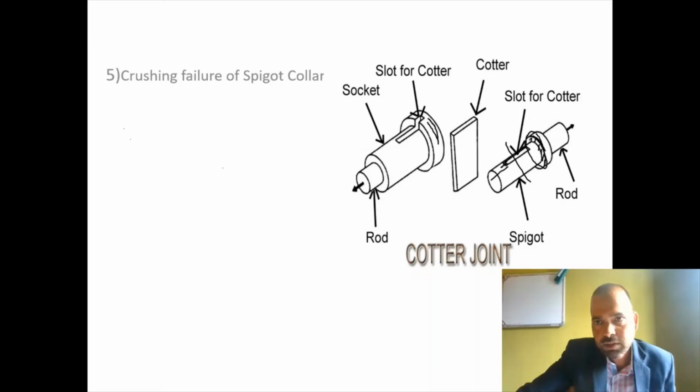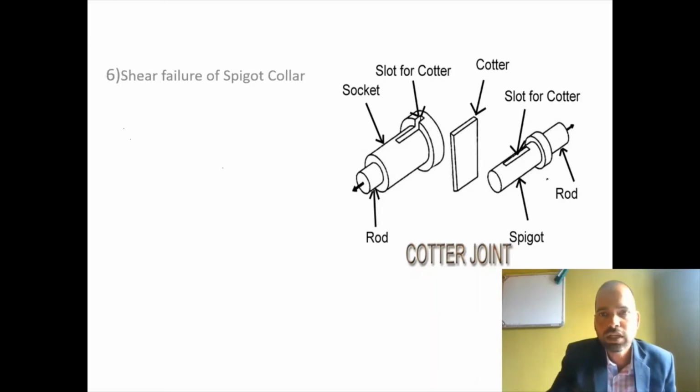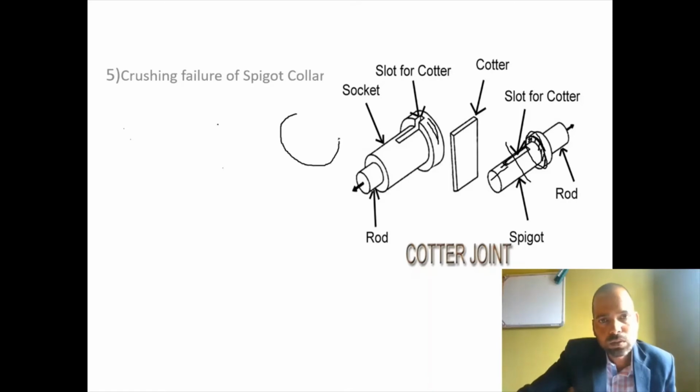So the area will be this much area of the collar. So what is that area? Let's draw that area. This is the external diameter of the collar, and this is the diameter of the other end of the rod of the spigot.